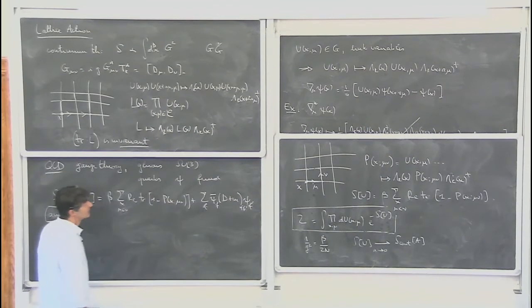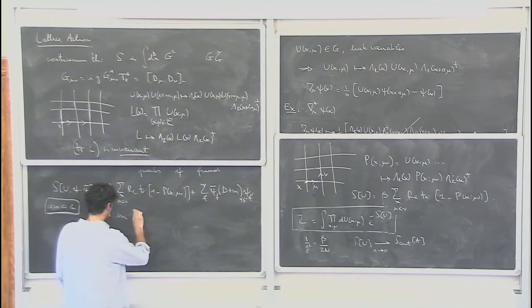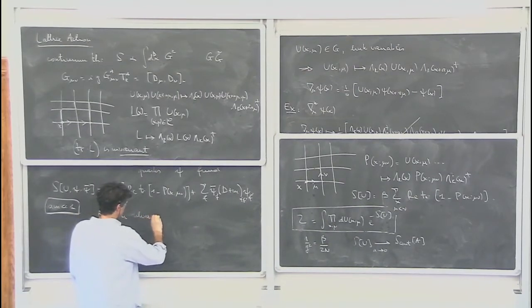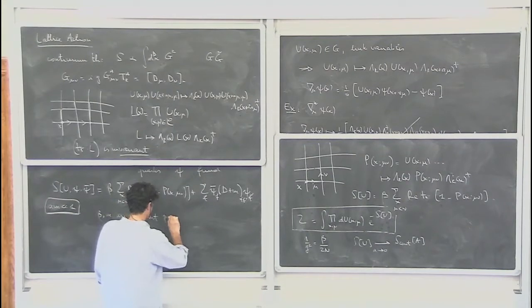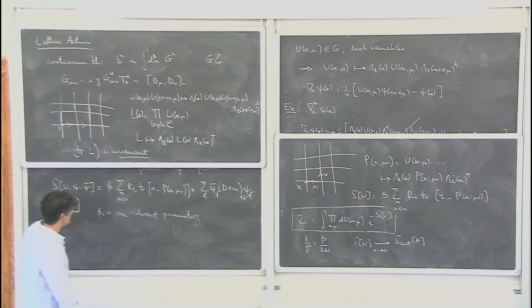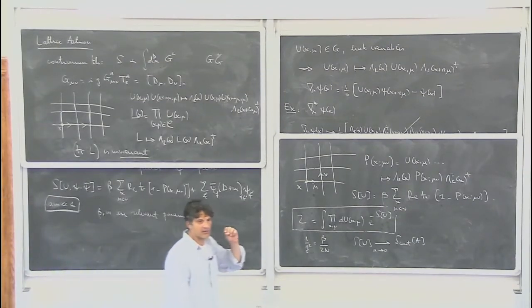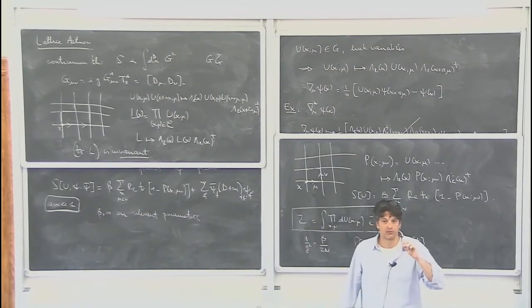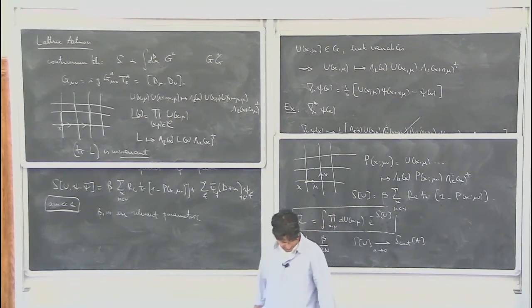Okay? So that there are only two parameters in the action, beta and m. Both of them are relevant in the sense that we discussed 2 days ago. Okay. And so both of them need to be tuned in order to describe the correct continuum physics.